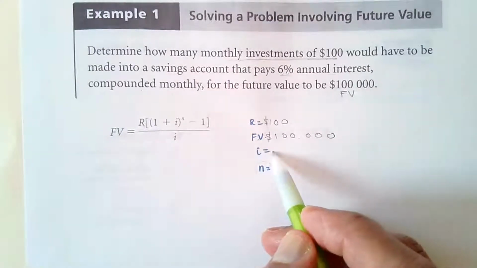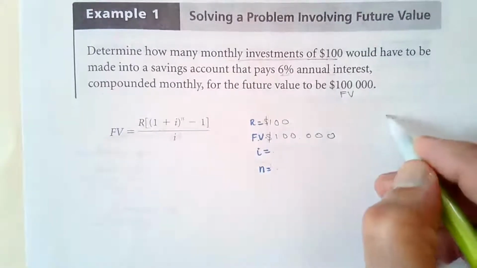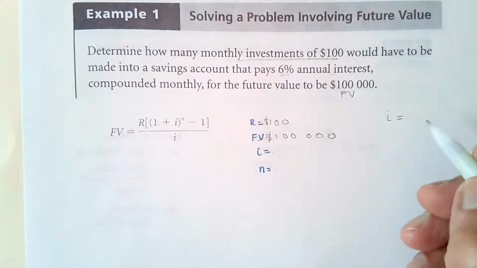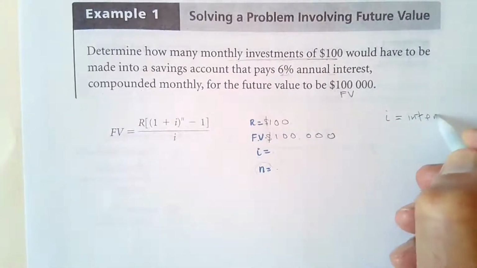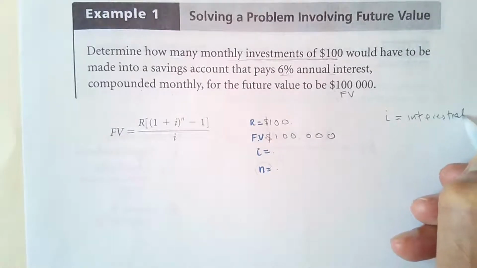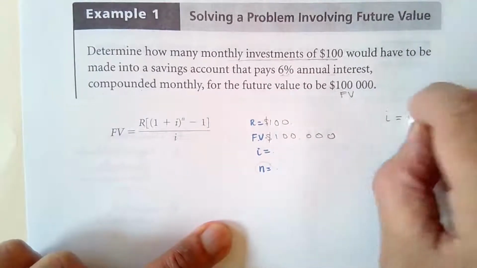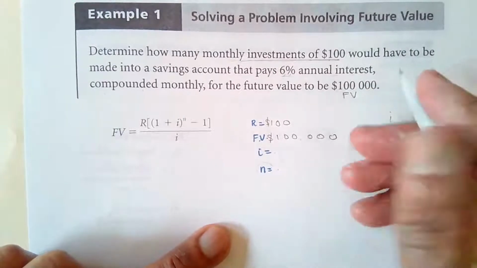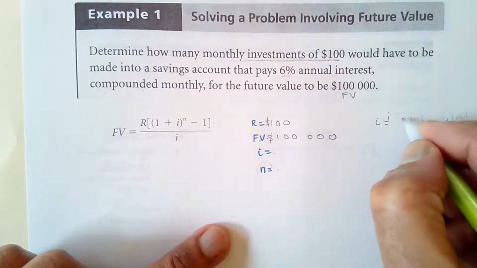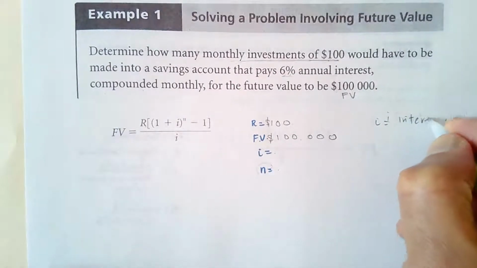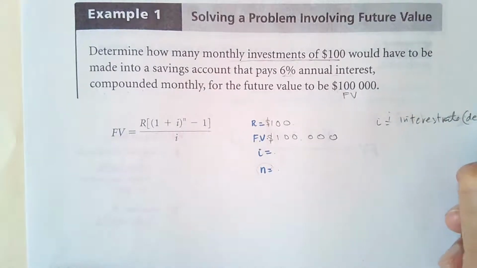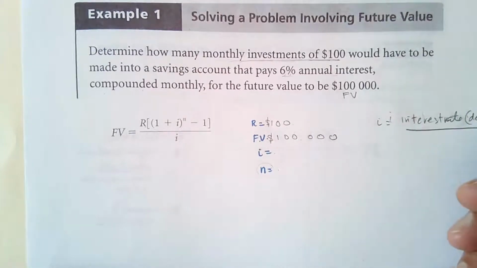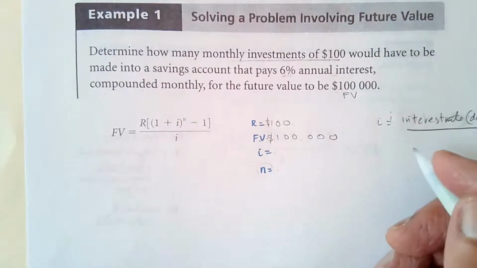So i refers to your interest rate, and this has to be in decimals, divided by the compounded periods.